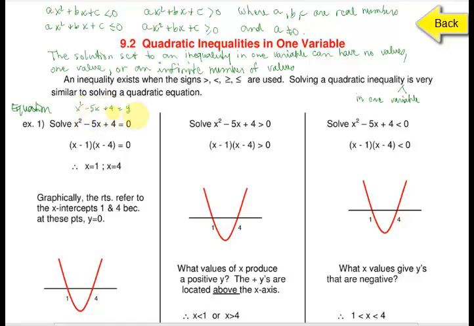This is the function. And remember, when we want to find x-intercepts, we substitute in 0 for y, which is why we have x squared minus 5x plus 4. Just recall that to solve for x-intercepts, we factor our quadratic expression in our equation, and we get that x is 1 and x is equal to 4.